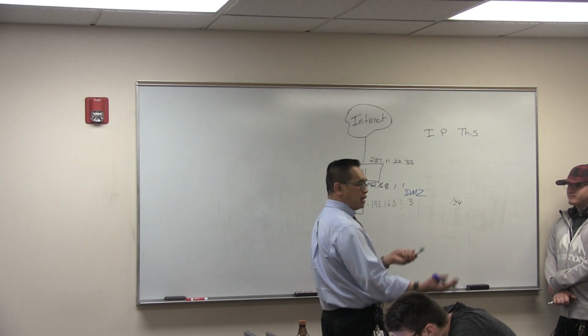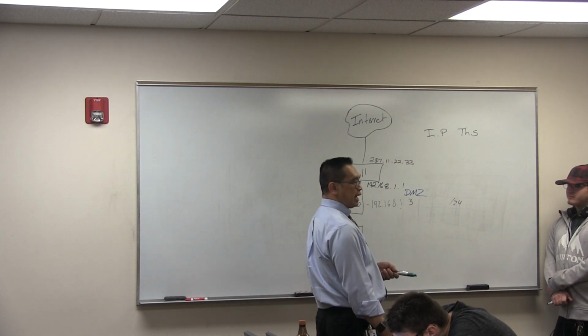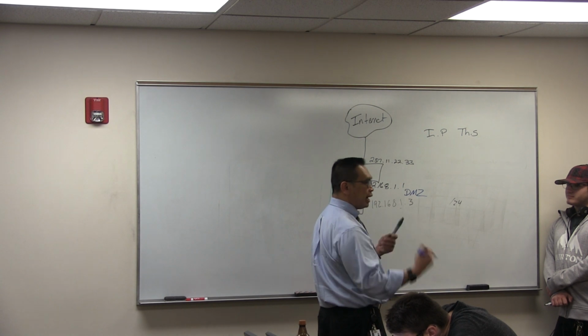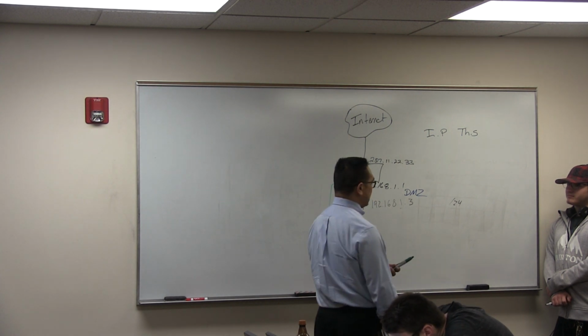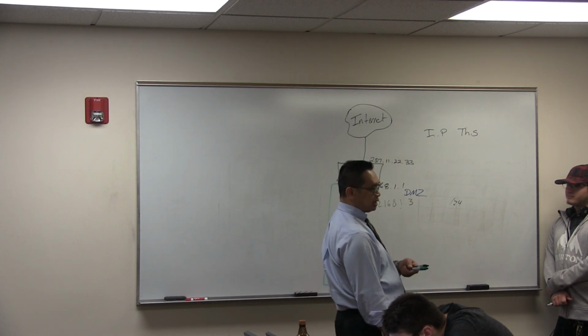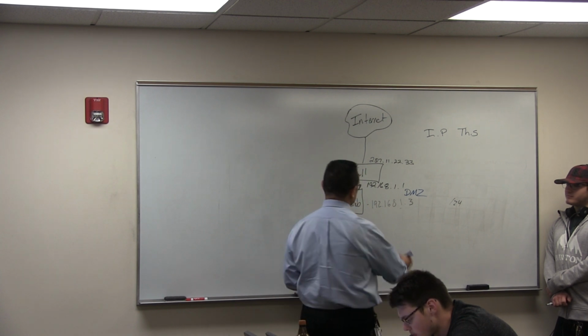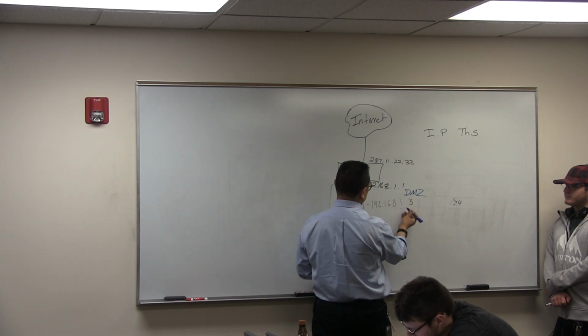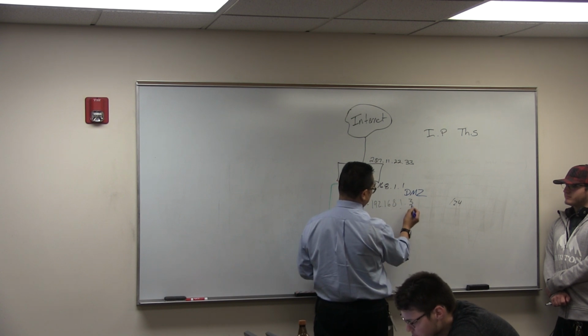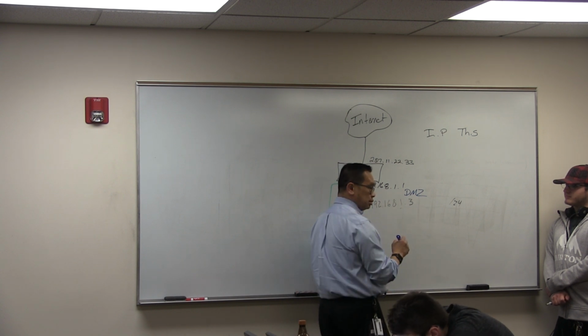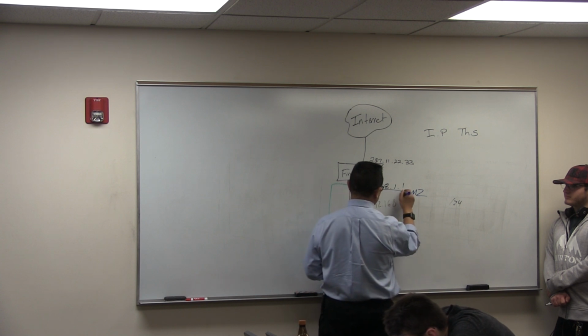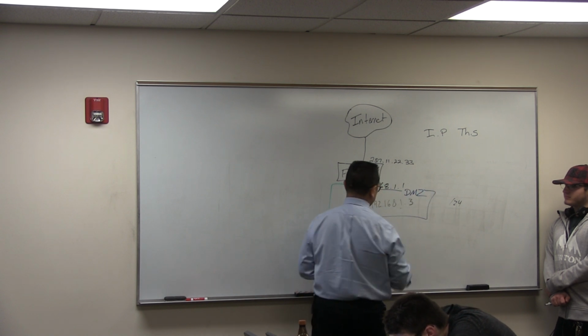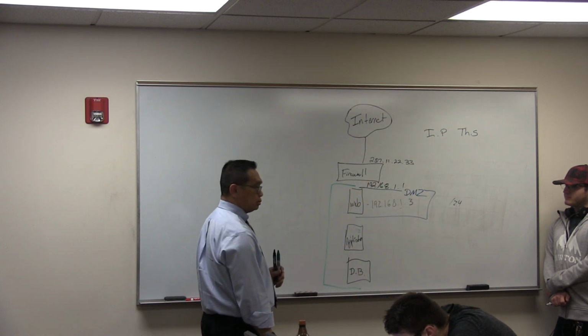Essentially our public-facing stuff, the stuff that could readily be attacked, the stuff that we need to place higher security on, things we should watch more closely. So we're gonna put this into our DMZ, 192.168.1.3, so it's able to communicate. This area right here is the DMZ, right?